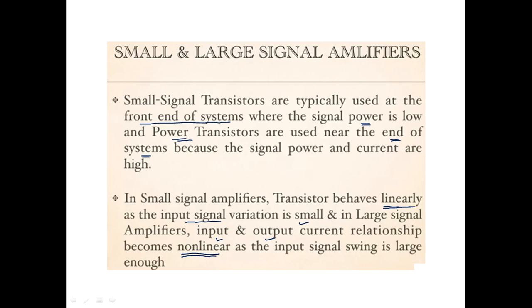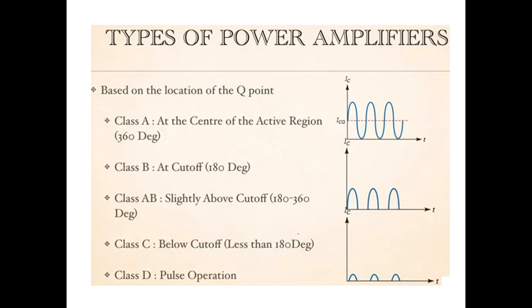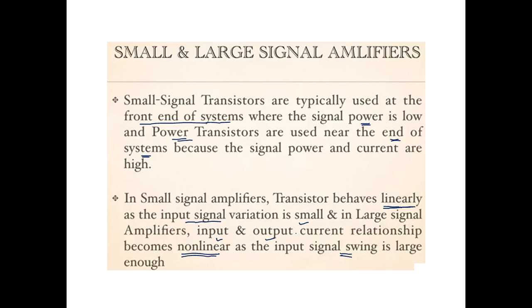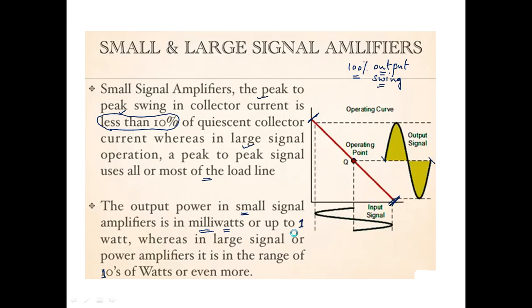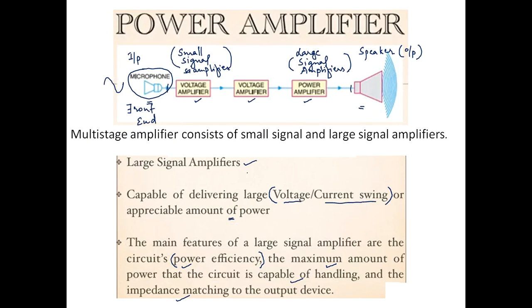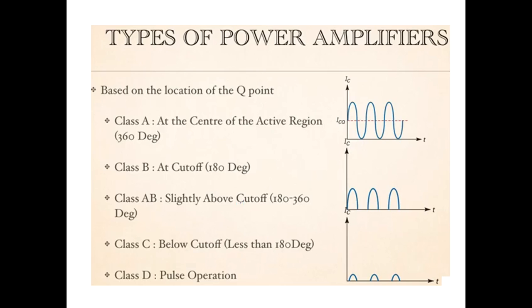Only if the swing is completely 100% can we say that it is linear. Otherwise, they are non-linear, as the output signal swing is large enough. With these basic points, the differentiation between small and large signal amplifiers, let us try to understand the different types of power amplifiers that exist.